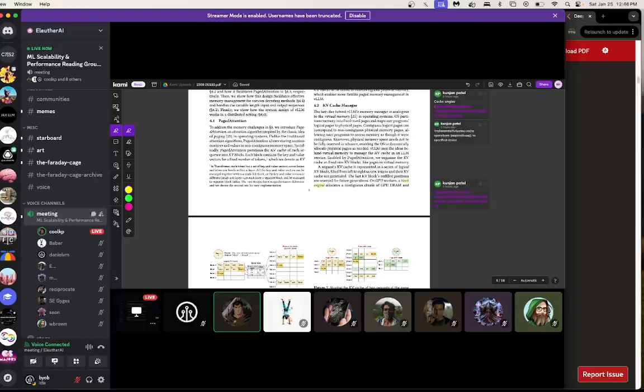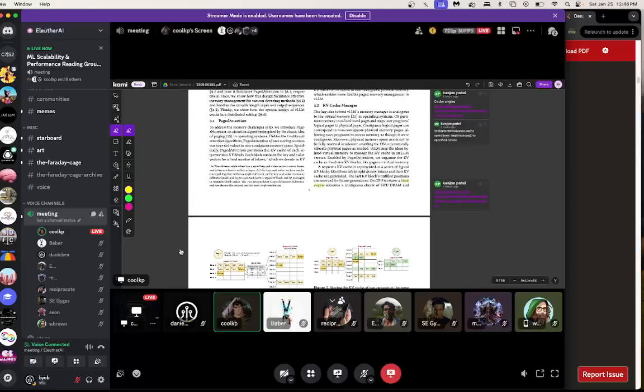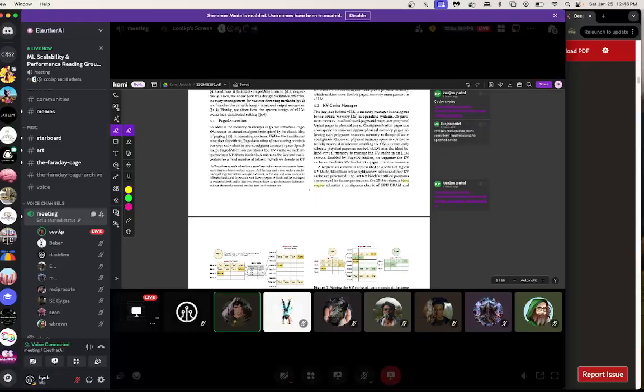So here they say that a request KV cache is represented as a series of logical KV blocks, which are contiguous. They map to physical blocks, and because the unit here is a block, a block is not shared, is what they want to say.